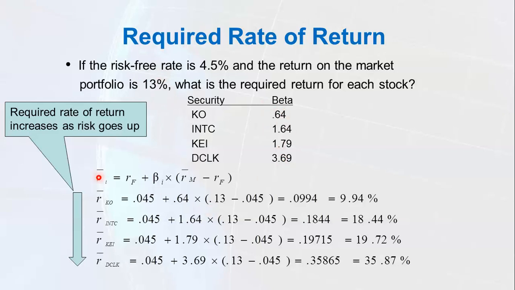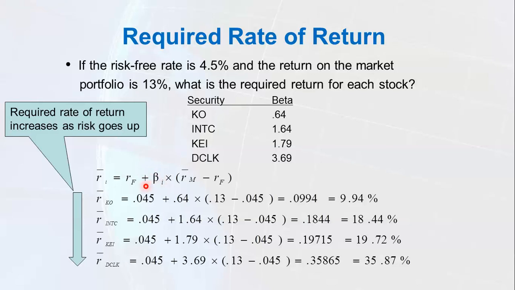So according to CAPM, required rate of return is a function of beta. Okay. The only thing we need to care about is beta, because beta measures systematic risk, and a well-diversified portfolio has only systematic risk left. Okay. So investors should be rewarded just for bearing that market risk.